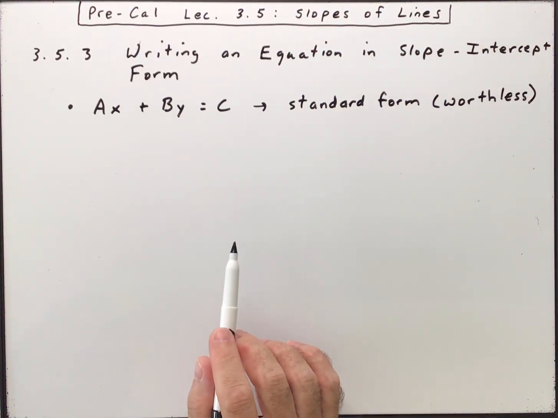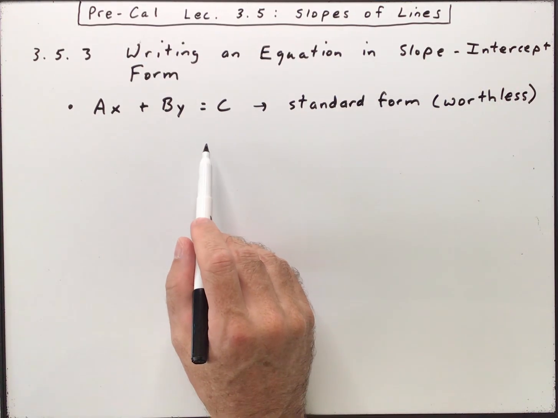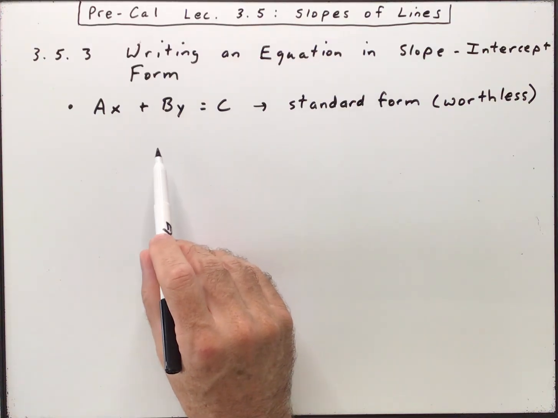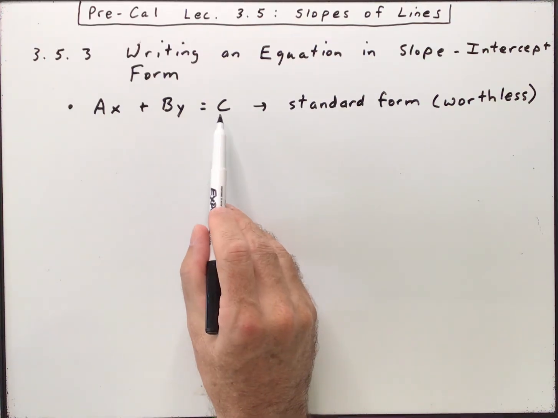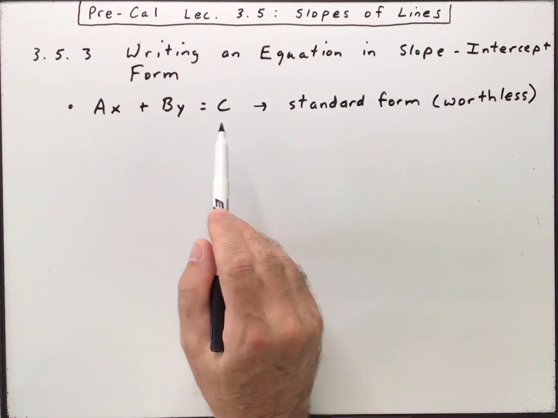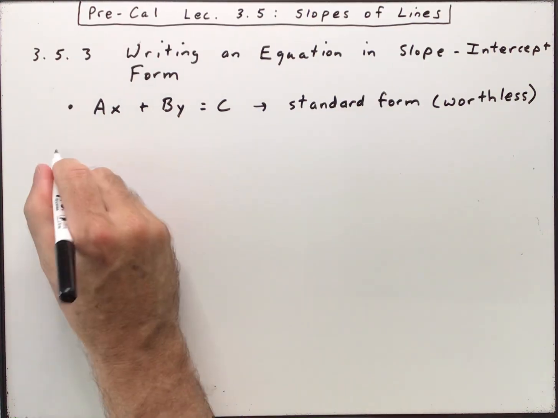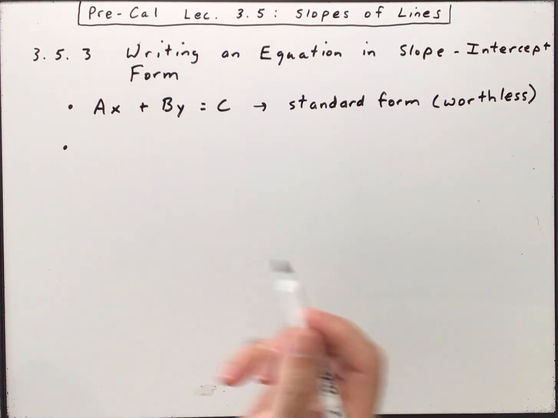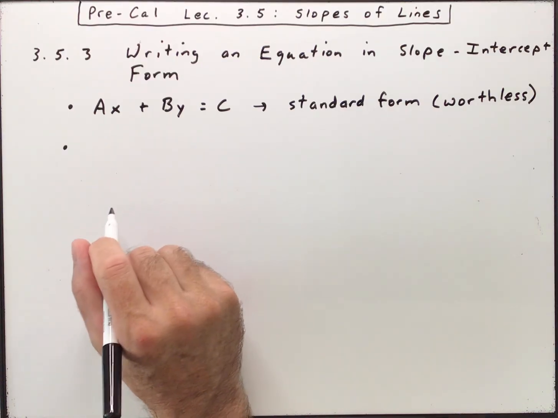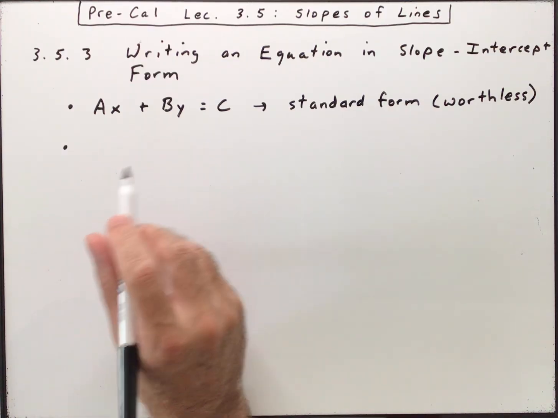You don't really know about the line. Does it have a positive slope? Does it have a negative slope? Where does it cross the y-axis? Etc.